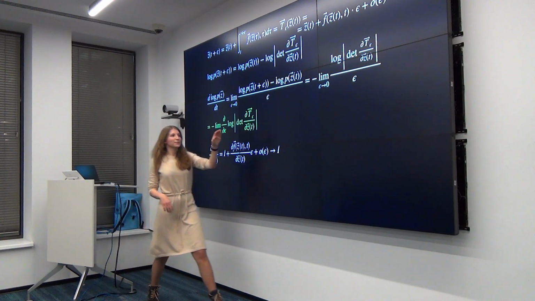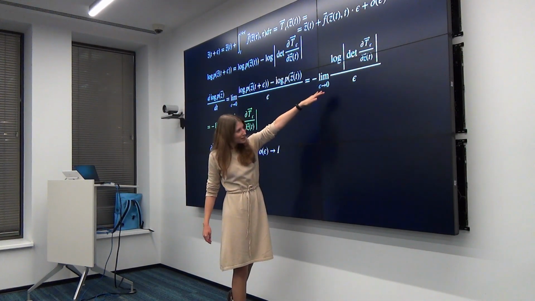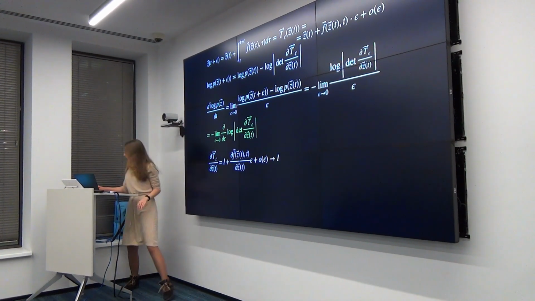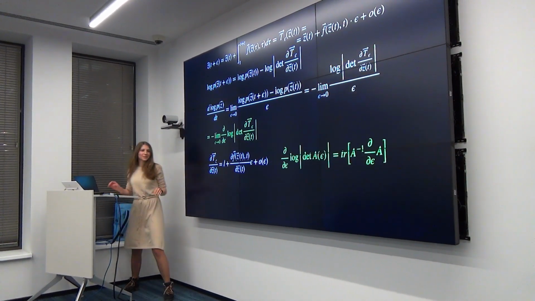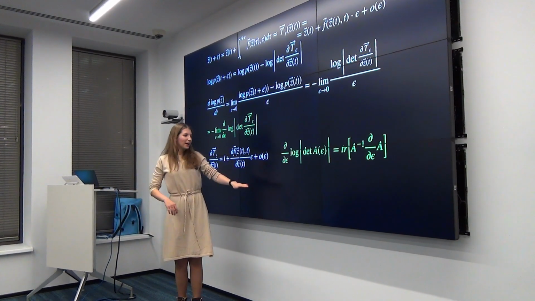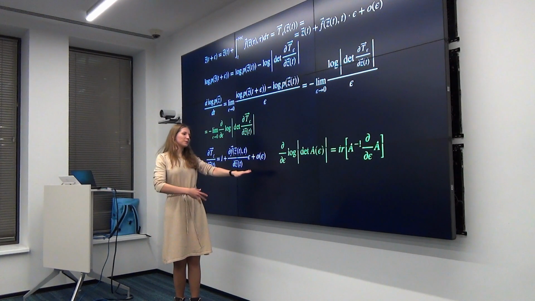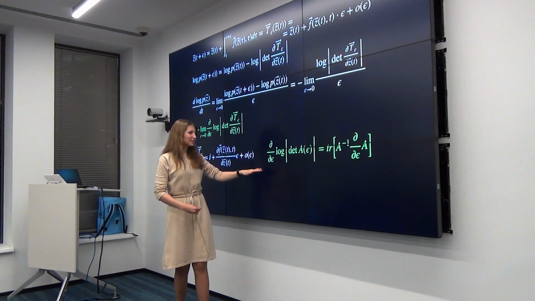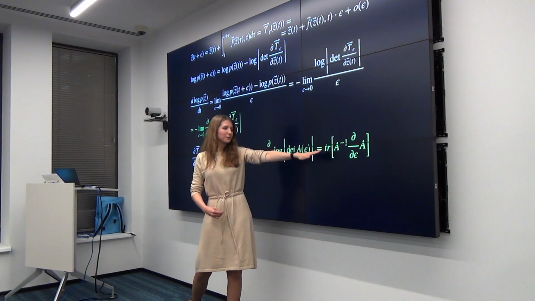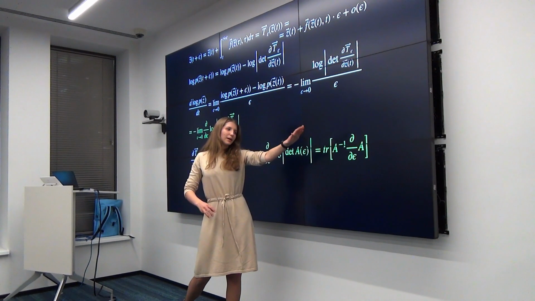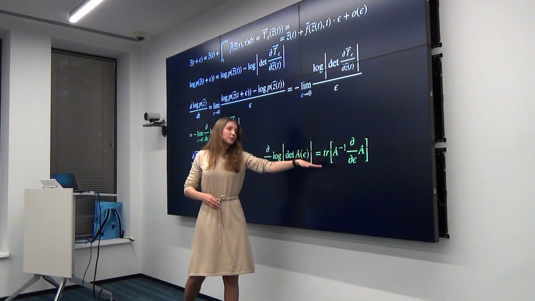So the derivative of this term is 1, and of this is here. And let's use the following equation for the derivative of the logarithm of the determinant of the matrix. It is equal to the trace of the inverse matrix multiplied by the derivative of the initial matrix.